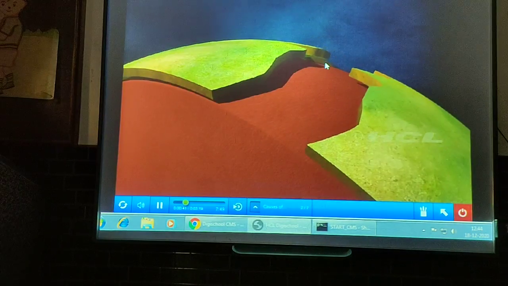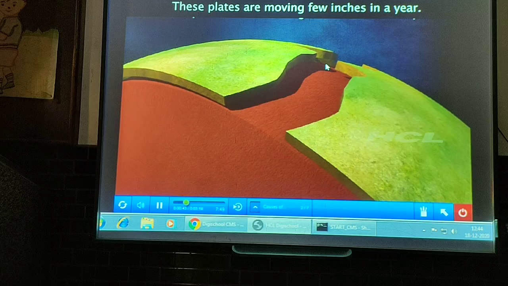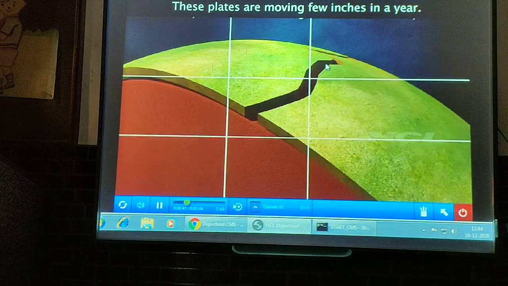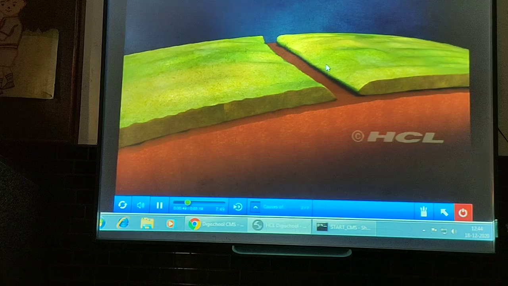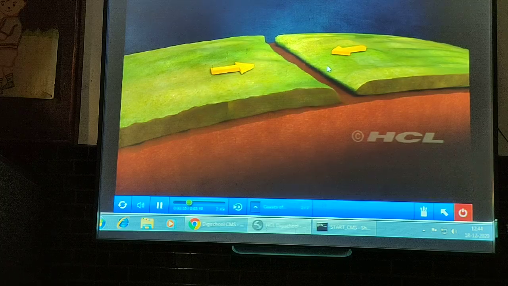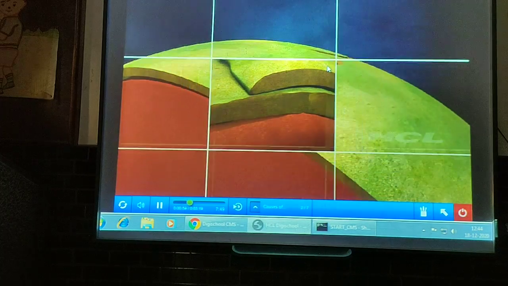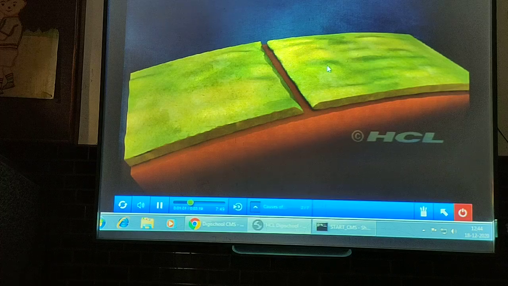These plates are continuously moving. A disturbance is caused when one plate moves below another plate due to collision, or when these plates brush past one another.